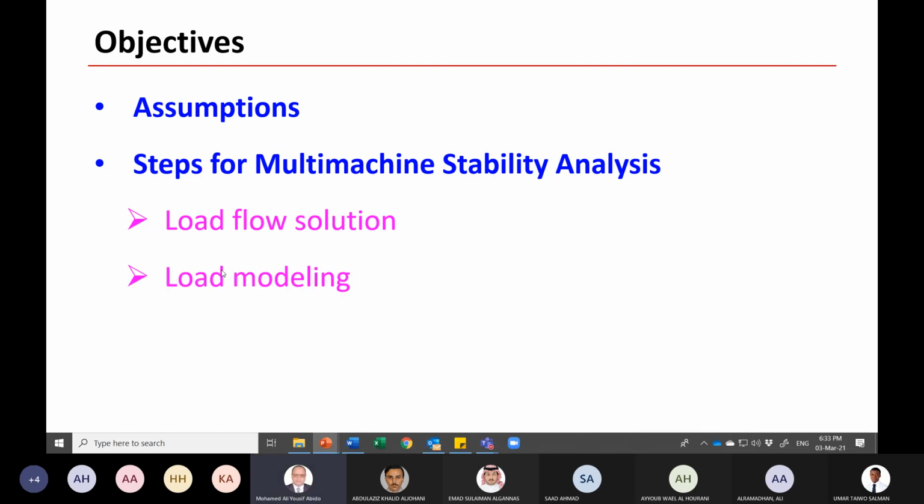We start with the load flow solution, and then we see the loads and how to model them, load modeling or load representation. You can represent the load in different ways. You can have it as constant impedance, for example. You can have it as a constant current load. You can represent the load as frequency dependent.